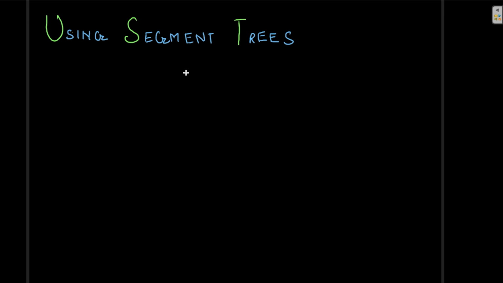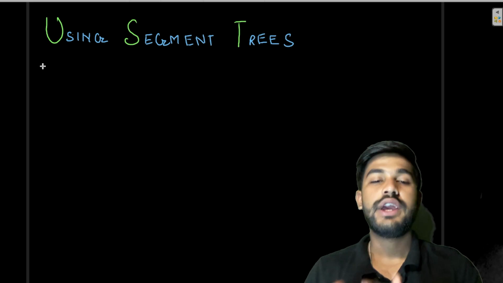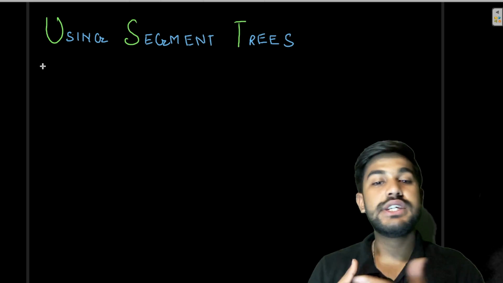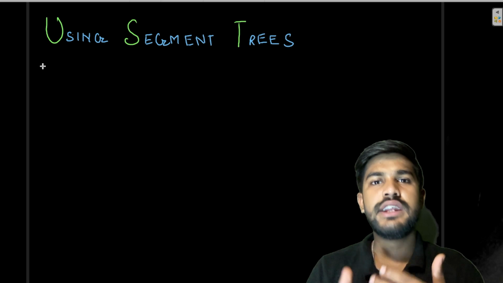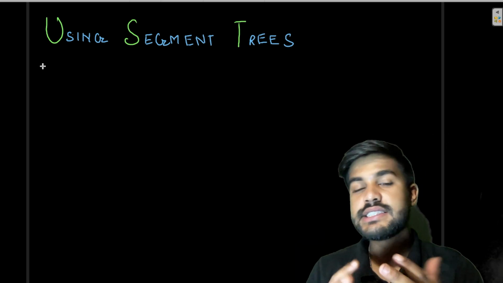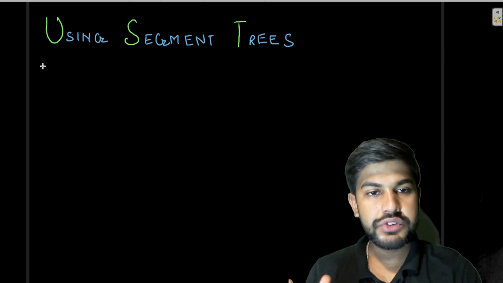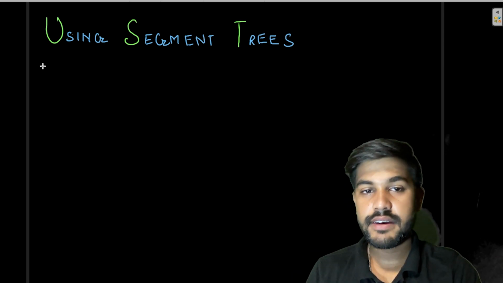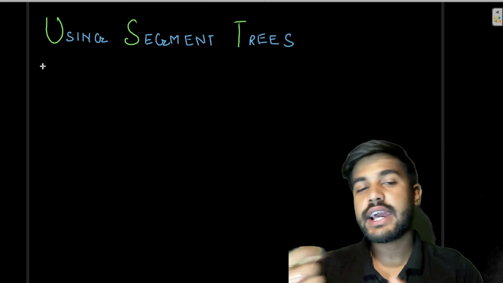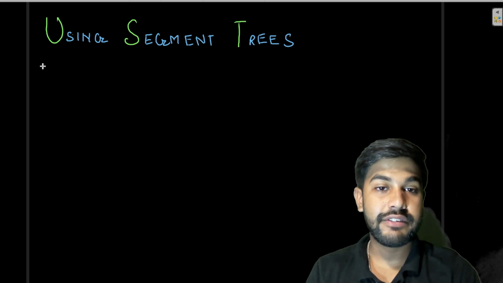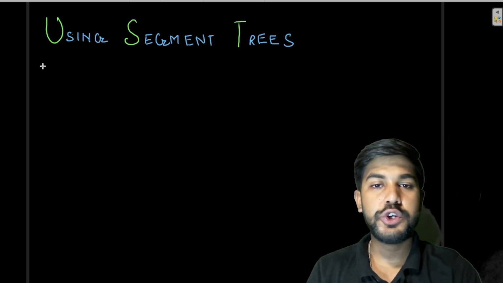Whatever is your preference, but my preference would be that you see the video and then move forward to the article. The video link and the article link both are given, so use it according to your preference.